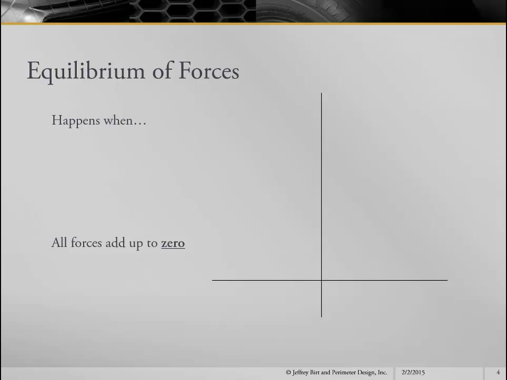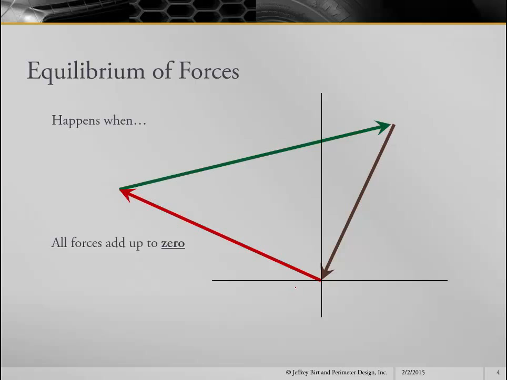So you could imagine three forces in a triangle like this, where we start down here and we add another one graphically, tip to tail, goes up to here, and then a third one that comes down here, and we end up at 0.